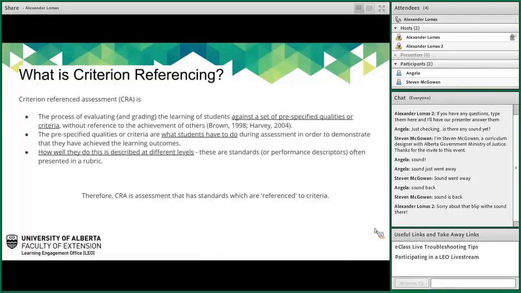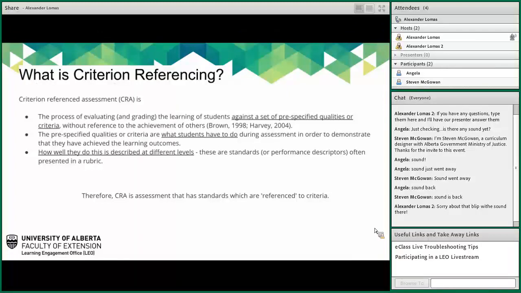So criterion referenced assessment is basically the process of evaluating and grading the learning of students against a preset, specific group of qualities or criteria. The value is that everybody knows what to expect.